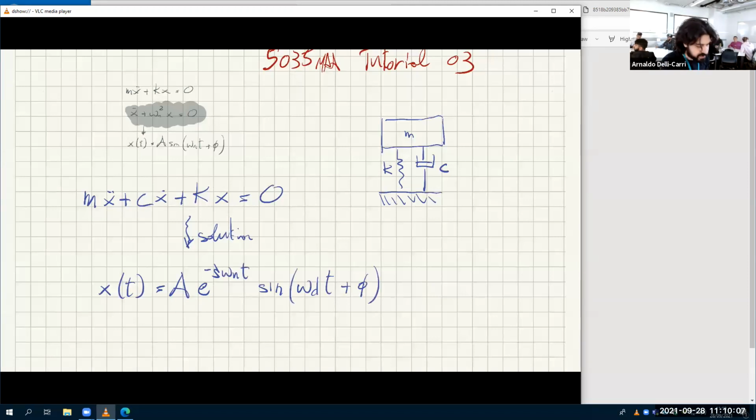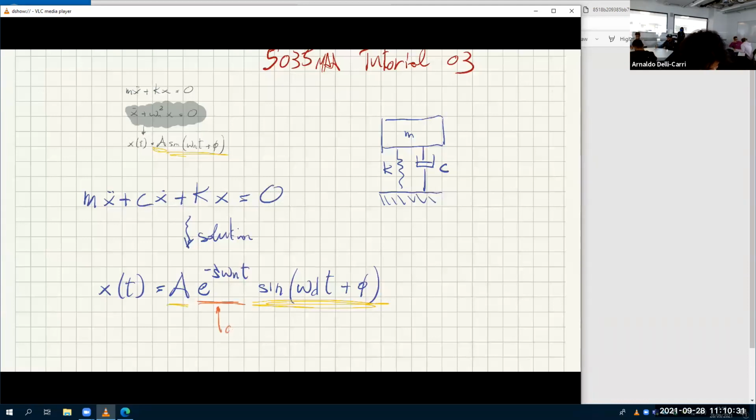Now look at this. This is exactly, well, almost exactly. If you look at this one, this and this seem related. This A and this A are also related. So what's added here is this term. This one here is called the decaying term.